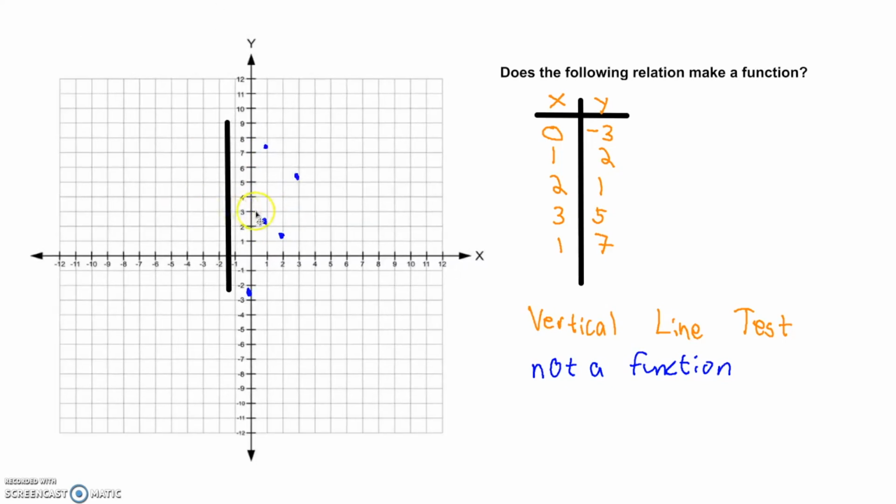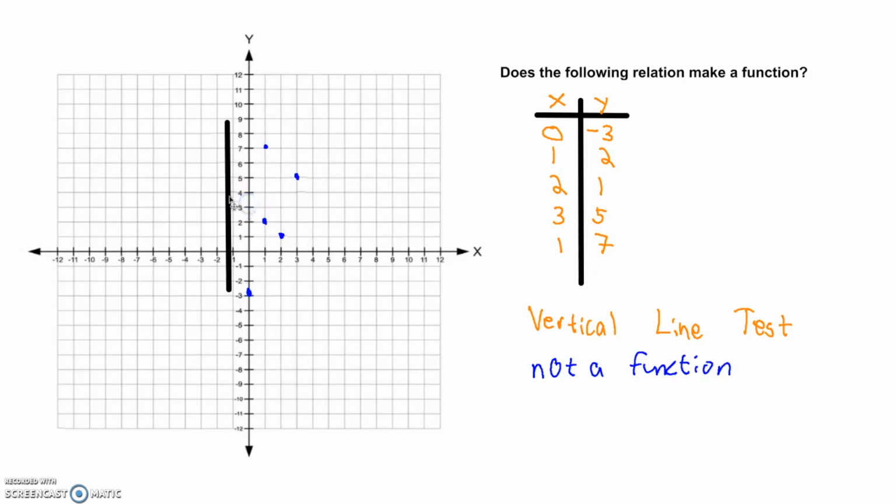And that, folks, is why the vertical line test works. Very cool. You'd see that the vertical line test would pass for the rest of the points. It's only at one location, if it doesn't work, and we fail it, which we just did, that we know that it's not a function.